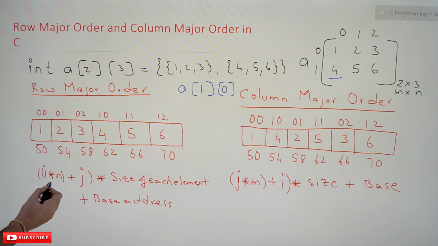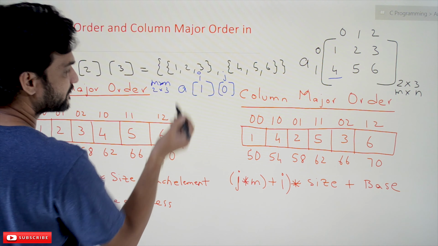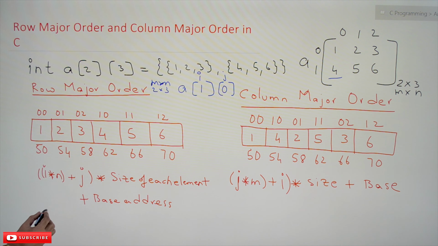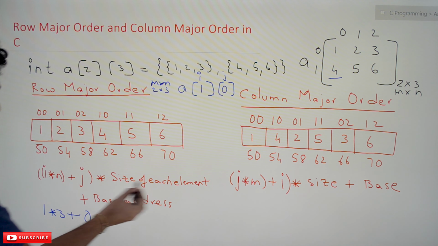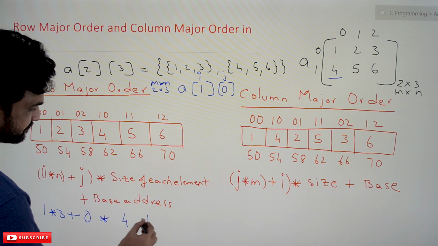This formula is i into n plus j, into the size of each element, plus base address. Here this is i and this is j, the index values, and m by n is the 2 by 3 matrix. So i into n is 1 into 3, plus j, which is 0, into the size of each element 4, plus the base address.